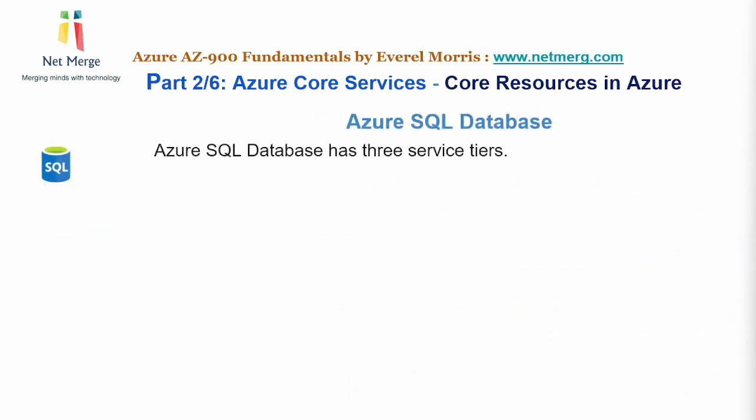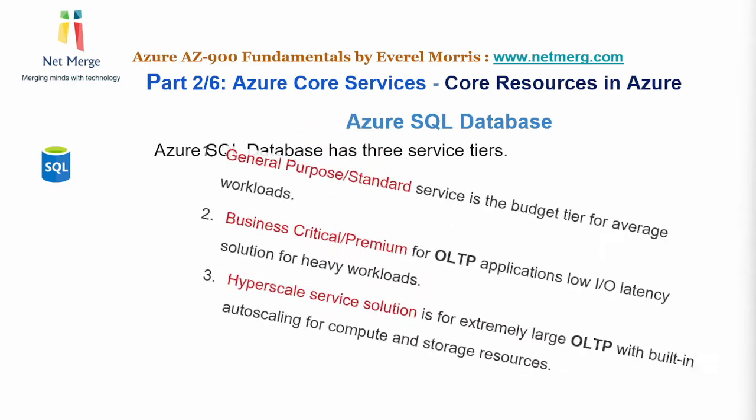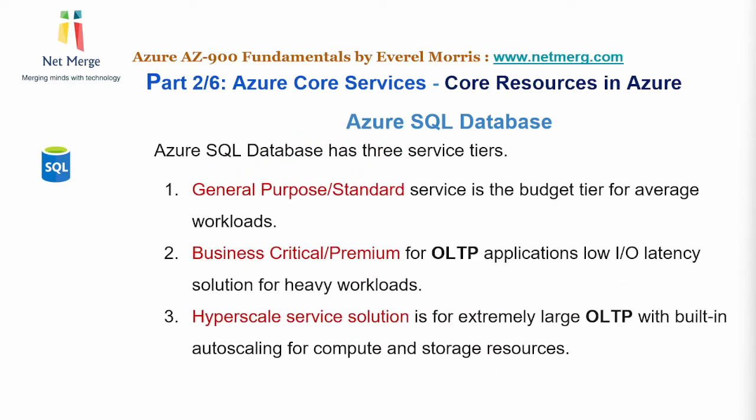Let's move on, and we're going to talk about SQL database and the three service tiers that are available. And there are the three service tiers in one shot. You get a general purpose standard, and this service is a budget tier for average workloads. Then you get a business critical or premium for OLTP applications that are very demanding, a more demanding workload with a low latency solution for heavy workloads.